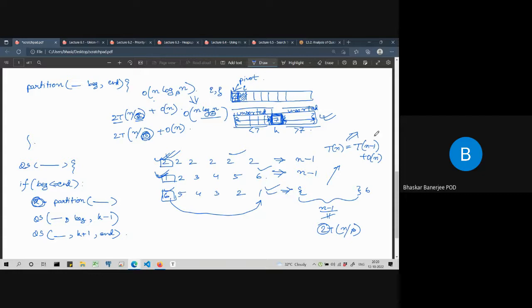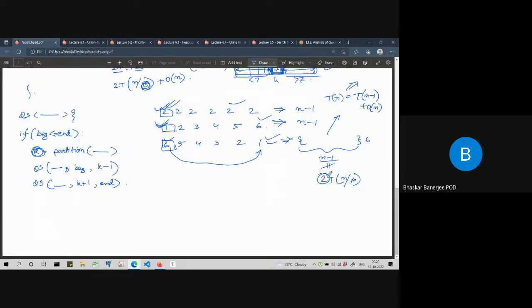And if you simply substitute, as one of you said, solving recurrences is very easy. What you do is simply substitute. So let's take T(n-1) + O(n). I can back substitute it, and in place of T(n-1), if I put it over here, what would I get?